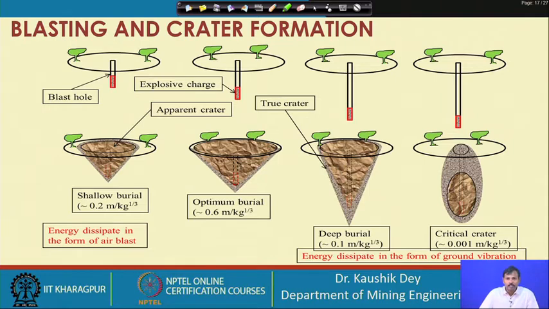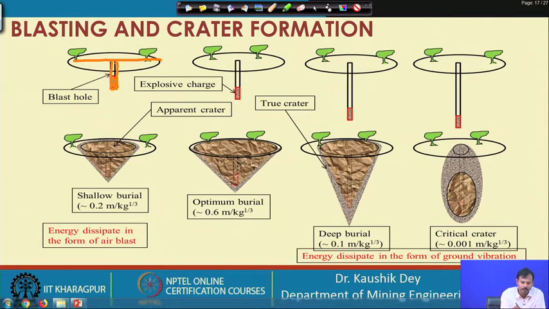This experimentation was carried out at a very early stage. The objective was to find out what will happen if we initiate some explosive inside the earth's crust or inside the rock mass. Say this is the surface, and we drilled a hole and inserted some quantity of explosive, then blasted it, and it will fragment the rock surrounding it.